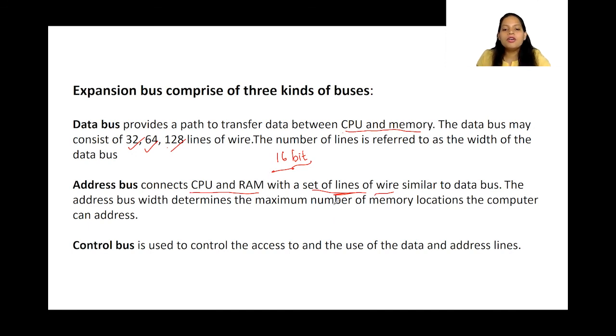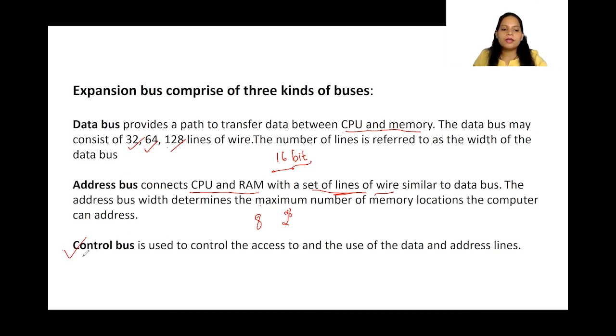If we have 8 lines, then the computer can address 2 to the power 8 memory locations. Clear? So the address bus also depends upon the number of lines.